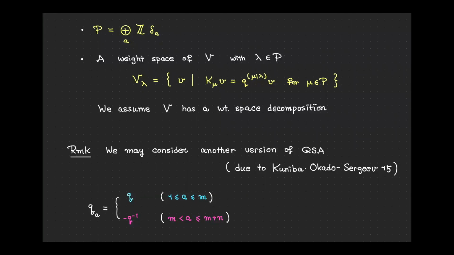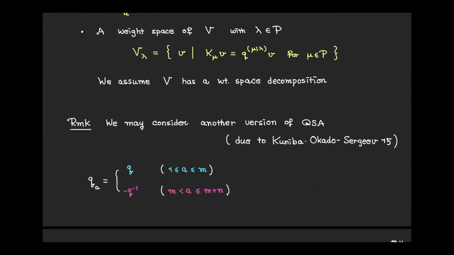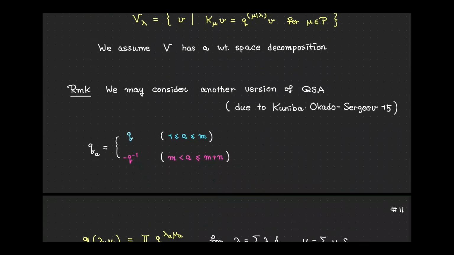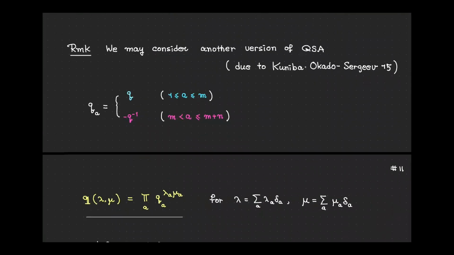Interestingly, it came from their study of the three-dimensional Yang-Baxter equation and the algebra of symmetries related to that, but it is essentially the same object. There is some reason why I prefer this convention, and sorry to Professor Yamane. Let me briefly introduce this convention.